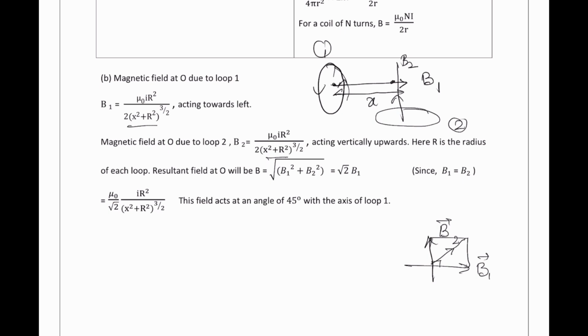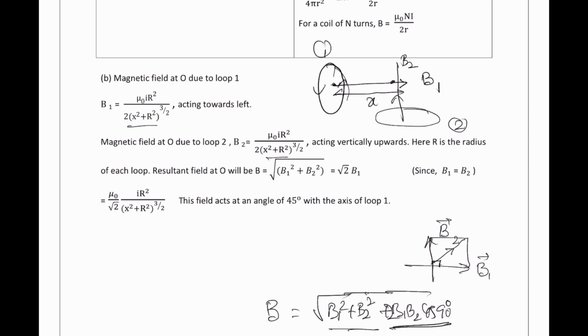Because it is at right angle, it is simply B1 square plus B2 square plus 2 B1 B2 cos 90. Cos 90 is 0, so this part is 0. So the resultant magnetic field is equal to the square root of B1 square plus B2 square, correct?